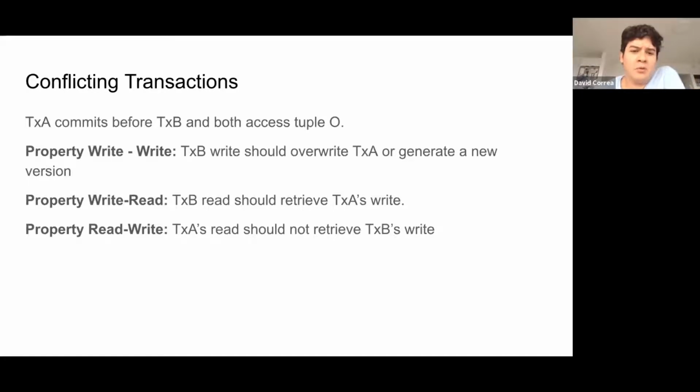In the write-write property, transaction B should overwrite transaction A or generate a new version. For write-read, transaction B should be able to read whatever was written in transaction A. And then read-write, transaction A should not read the write of transaction B because transaction B happened after transaction A.